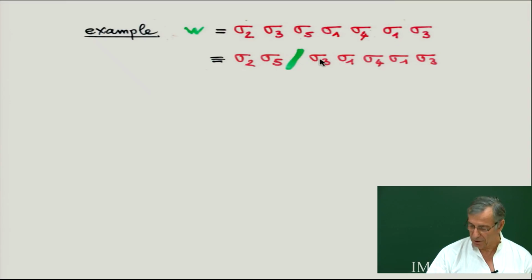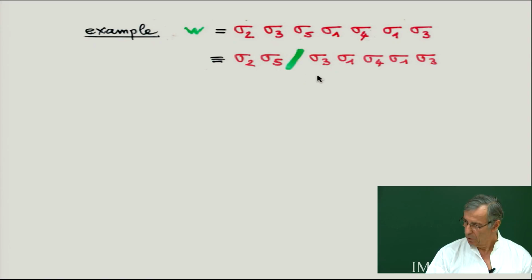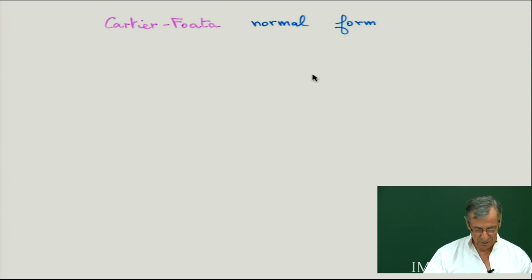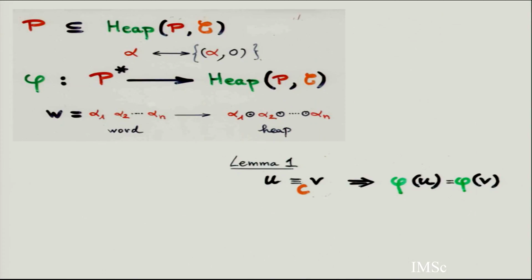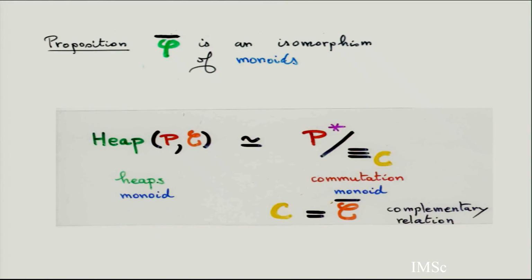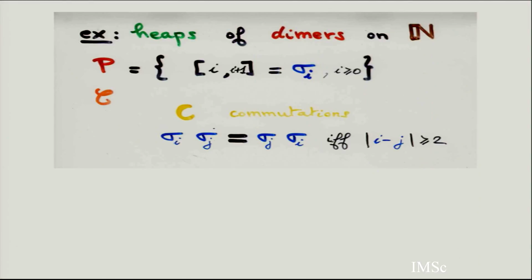Now what are the letters you can bring in first position in this word? So sigma 3, sigma 1, and not... the commutation. Where are my dimers? Here. So it's the commutation relation.